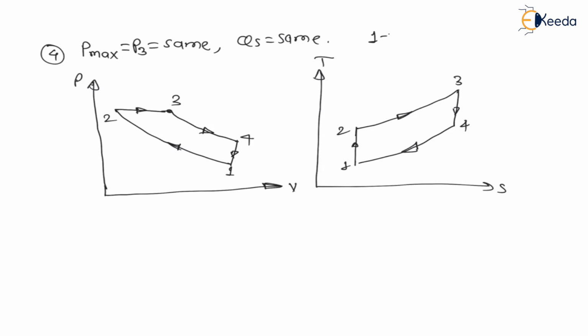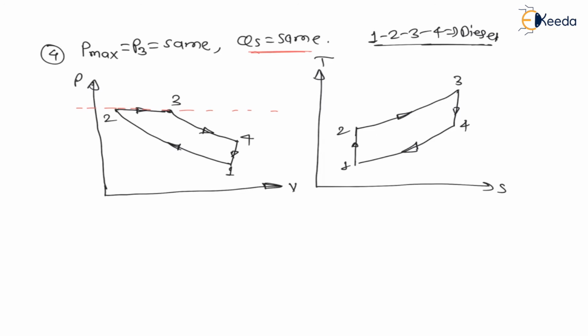Now here, my dear students, 1 2 3 4 is diesel. In previous comparisons we used this as an Otto cycle, but here it is a diesel cycle. Now maximum pressure is constant, so this maximum pressure line will be the same in both cases, right? But they have not mentioned maximum temperature, so don't fix point 3. Only maximum pressure is constant, so the upper line is fixed here.